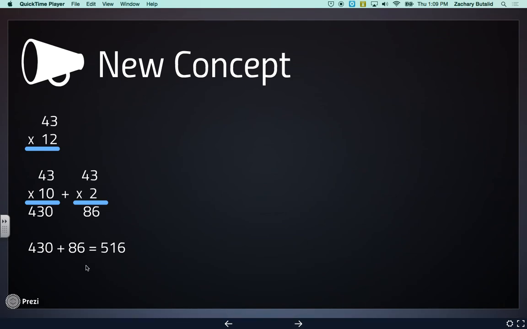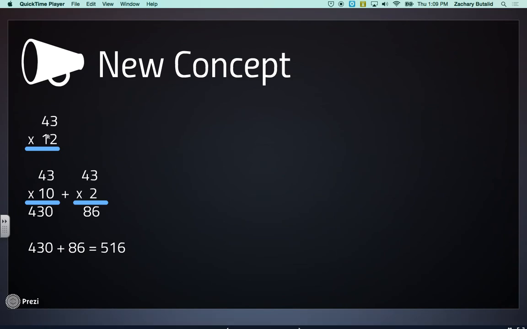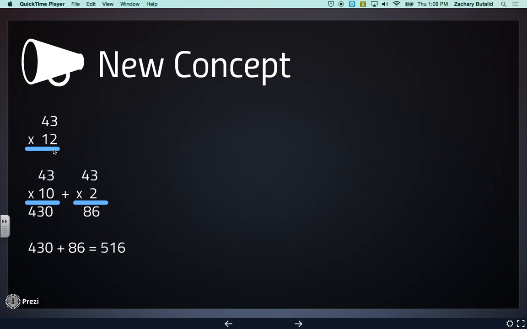Okay, so this is what we're doing here, is we're taking this 12, and in order to make it a little bit easier for us, and something that we could probably do in our heads, we split up 12 to 10 plus 2, okay, and that's what it is here.